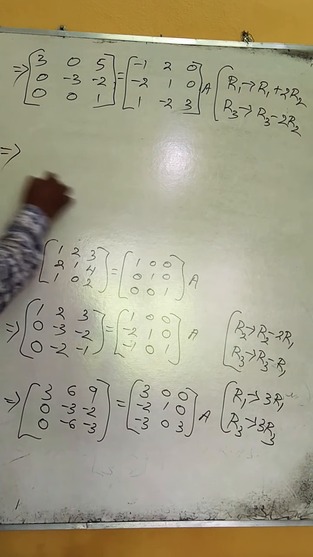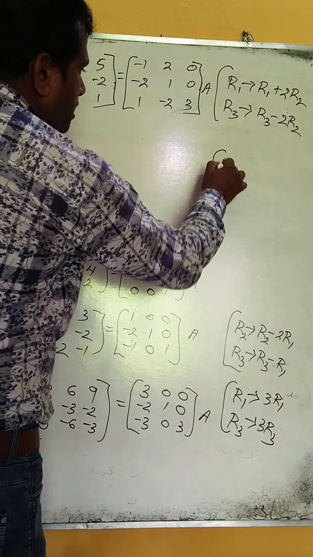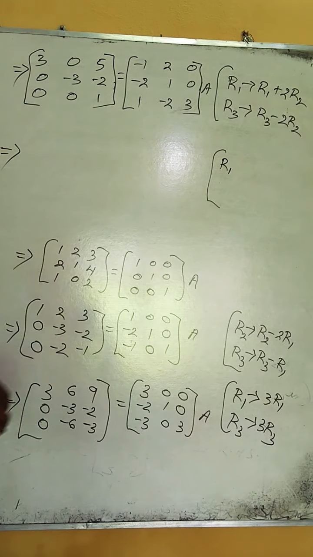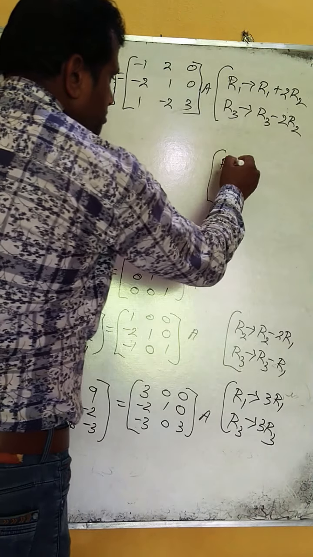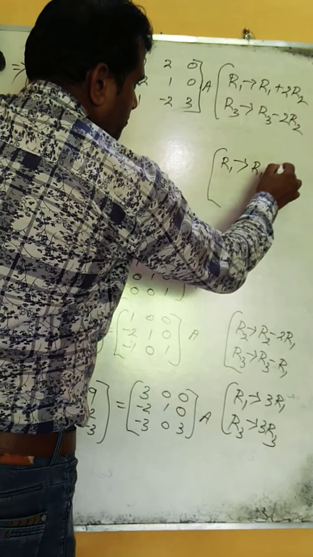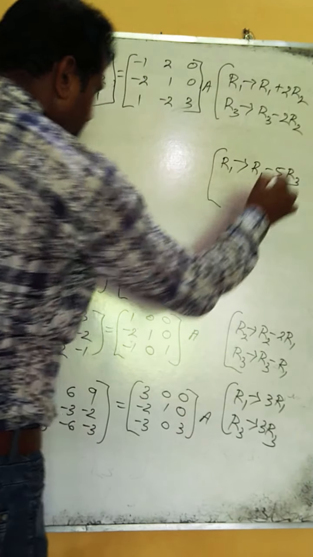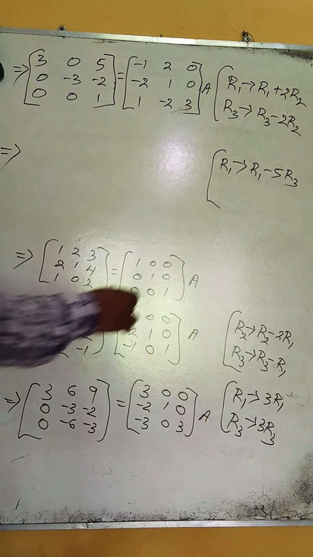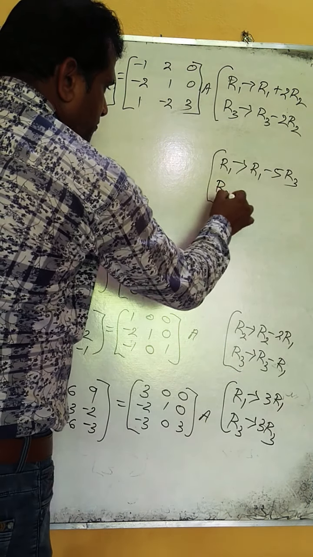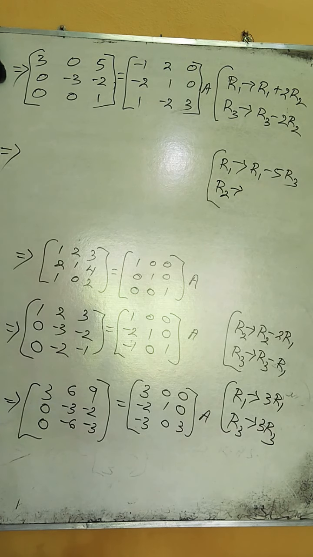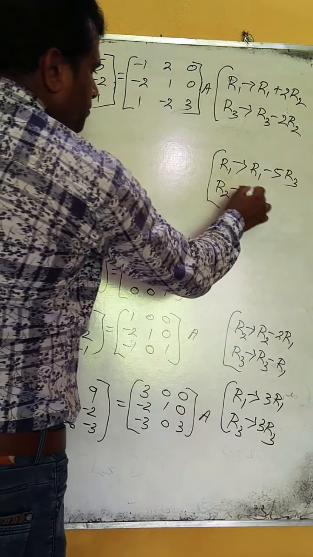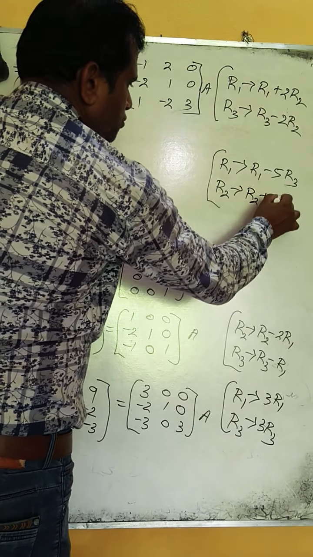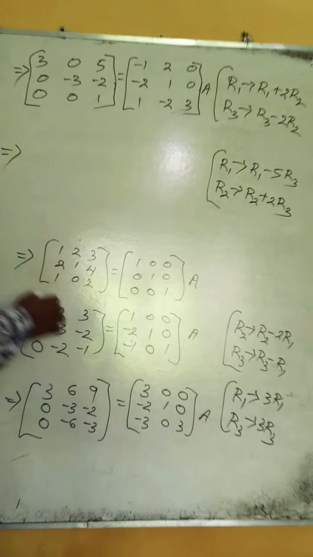Now that implies here we write R1 becomes R1 minus 5R3, and R2 becomes R2 plus 2R3.